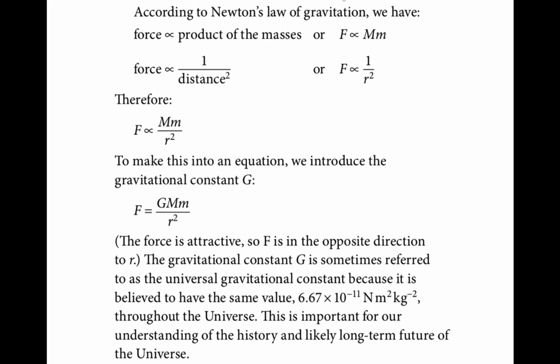Once we combine these two proportionalities, we get force is directly proportional to Mm over r square. Now, when we convert a proportionality into an equation, we need to put in a constant. This constant in this case is known as the gravitational constant G, which gives us the equation F is equal to GMm over r square.